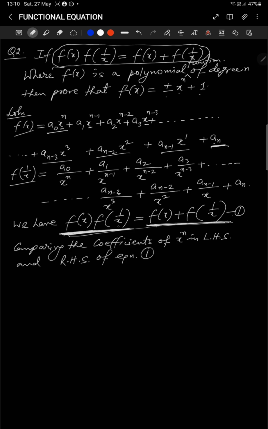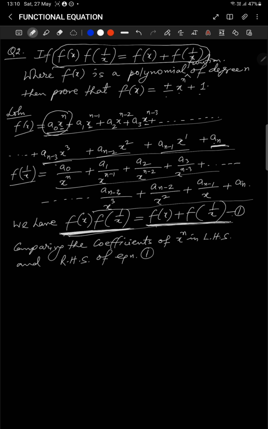So x to the power n in the product of this whole quantity, that is this one, and this quantity, that is this one, could be obtained by multiplying this particular term and this one. Alright, so in the left hand side we are left with x to the power n coefficient as a0 an.